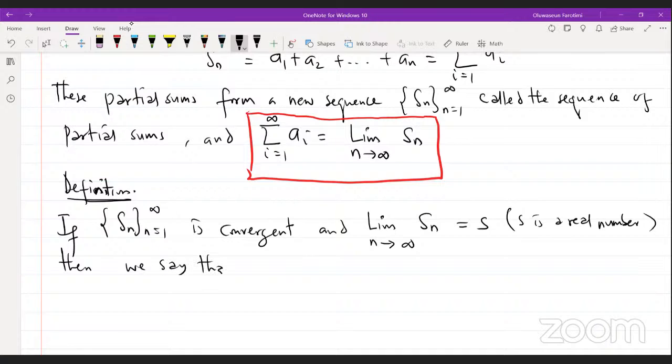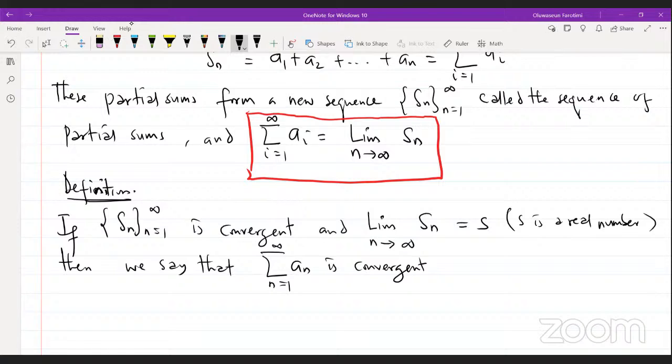We say that this series, n from 1 to infinity, is convergent. Now, what does this mean? It means that a series is convergent if the sequence of its partial sums converges. Can I say that again? A series is convergent if the sequence of its partial sums converges.